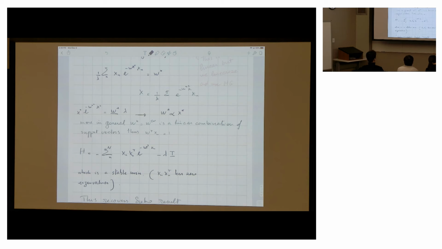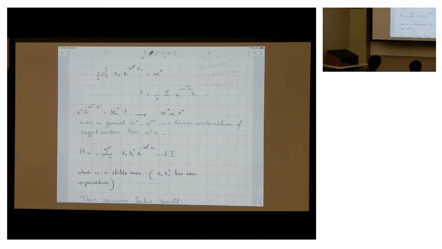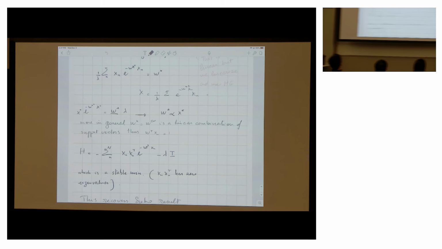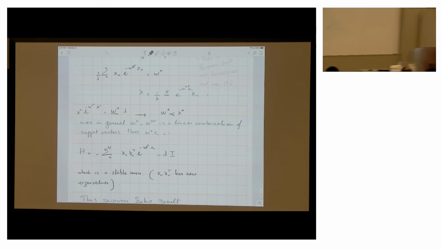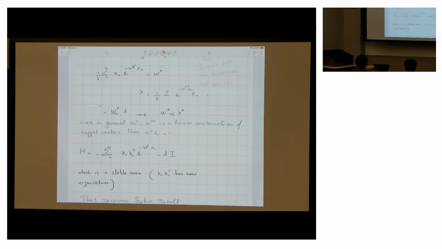This I call X, some kind of average vector with those kind of weights. And then I have that W star will be equal to X.